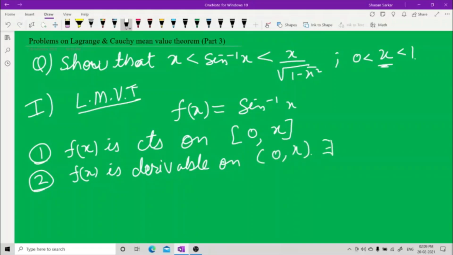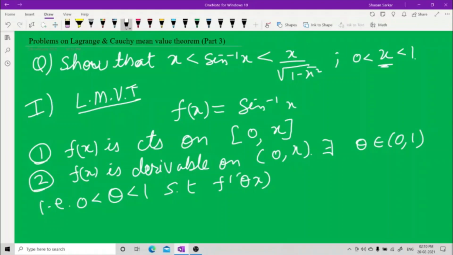There exists a theta belonging to (0, 1), that is, theta is in between 0 and 1, such that f dash (theta x) is equal to (f(x) minus f(0)) upon (x minus 0).